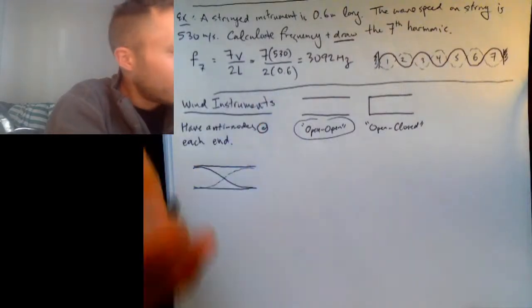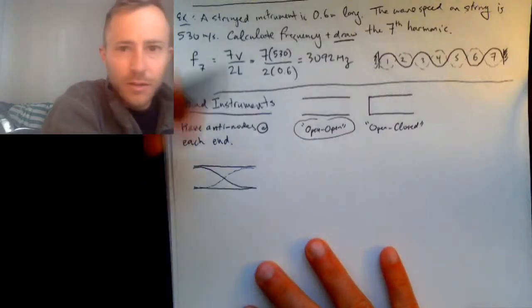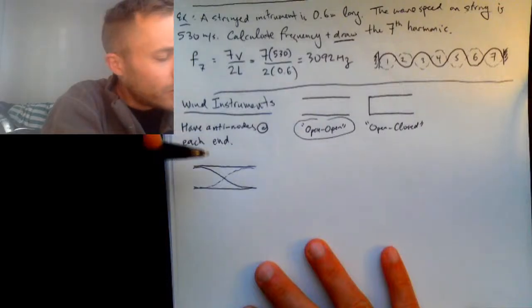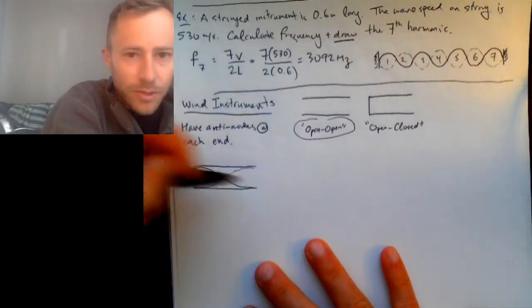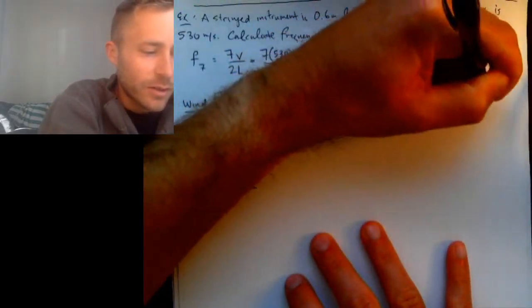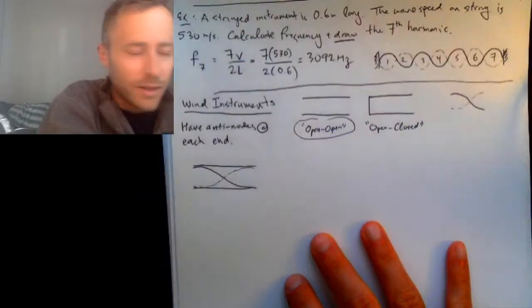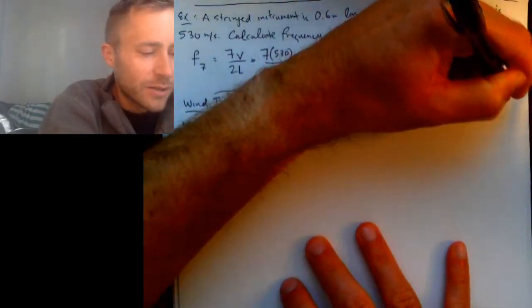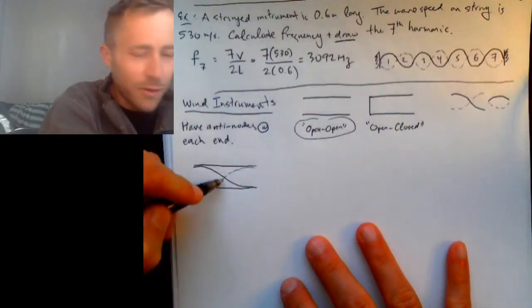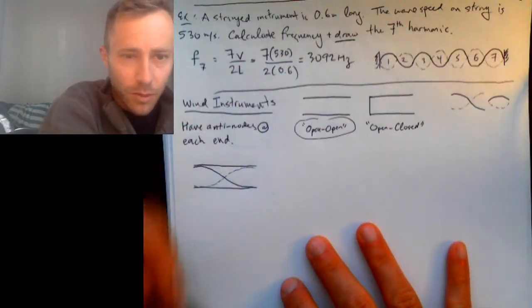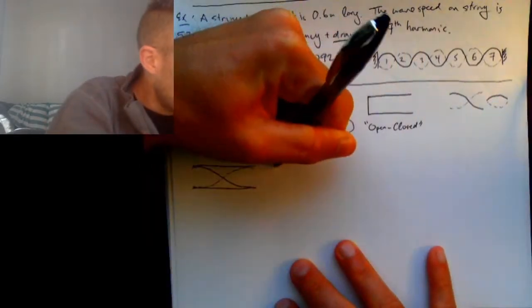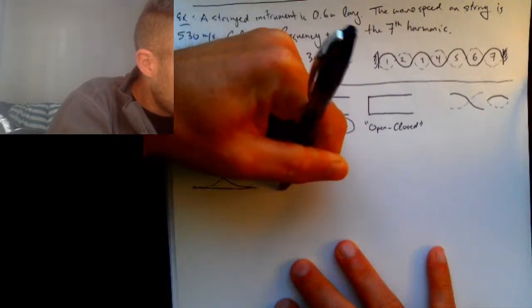As I said earlier, to go to the next harmonic, you always add a football. You can't add a football to the end because it would be weird to have a wave that looks like this with a football tacked on at the end. So for open instruments, you add the football in the middle. The next harmonic is going to look like this.